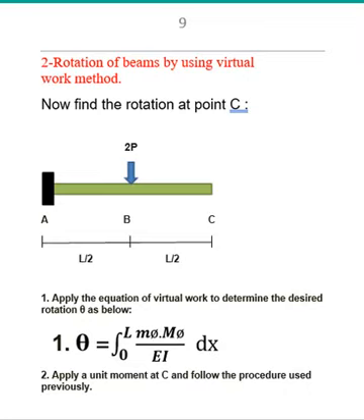Now we find the rotation of the beam at point C for the same beam. First, we apply the equation of virtual work to determine the desired rotation theta as below: 1 times theta equals the integration of m small theta, the unit moment, times M capital theta, the external moment, over EI.